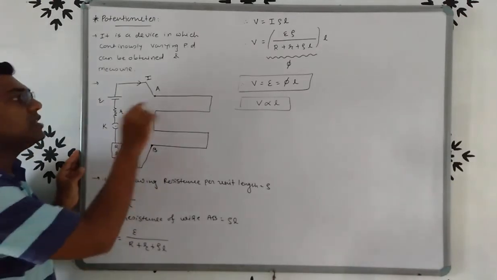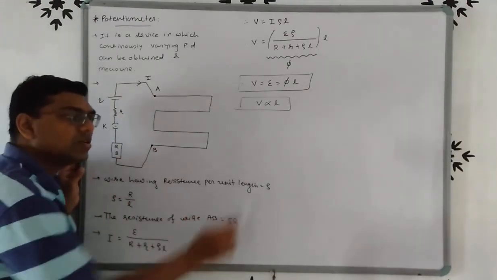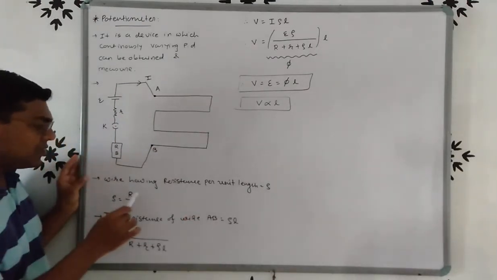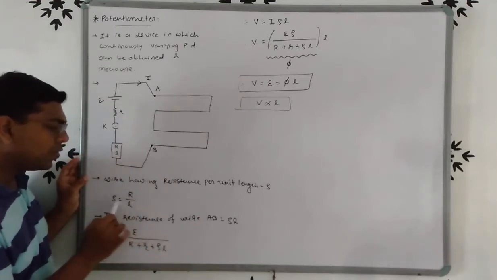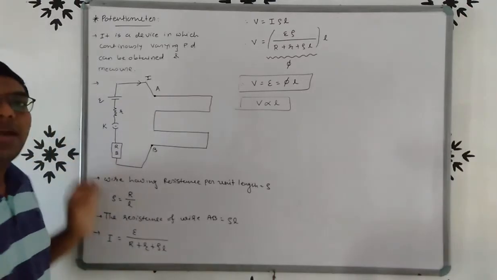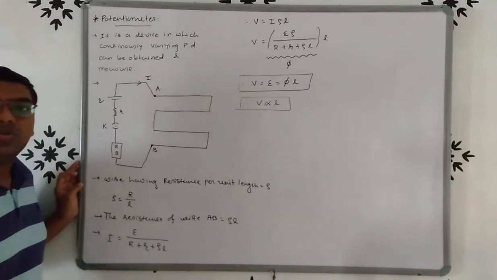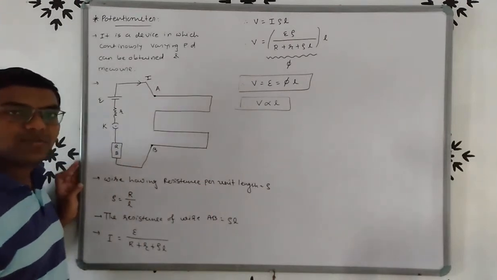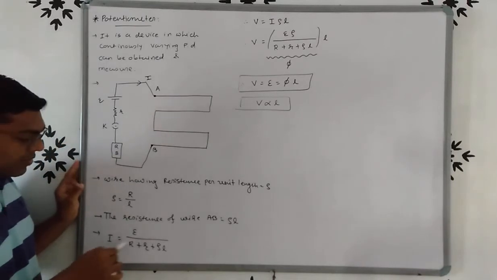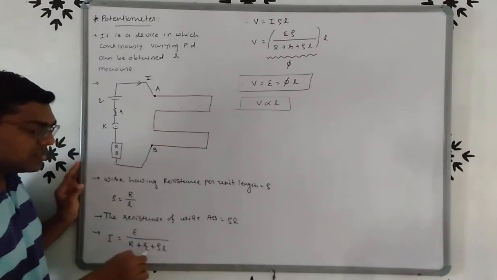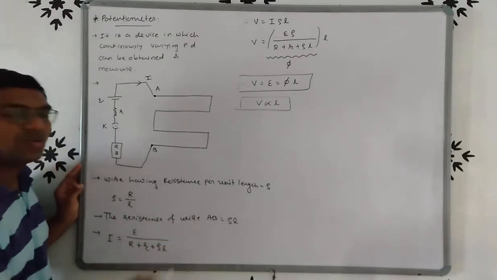This wire having resistance per unit length rho, so rho is equal to R by L. So resistance of wire AB is rho into L. Now we have to find out the potential difference between these 2 points. To find potential difference, first of all we have to find out current. We know the formula of current, I is equal to E upon capital R plus small r plus resistance of wire AB, rho L, so plus rho L.